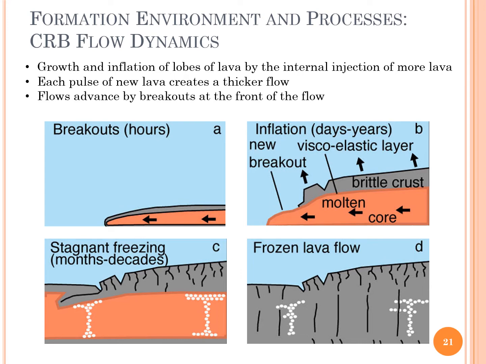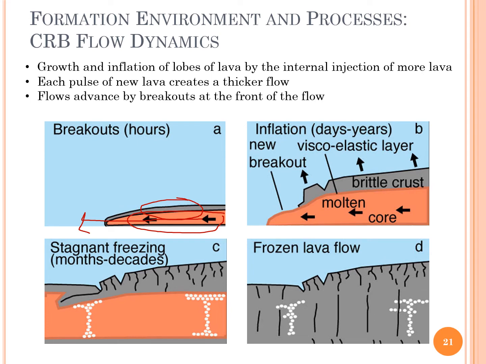They'll have a harder top, signified by this darker color, and then the active flowing element will be down in the lower portion of the flow as it moves, in this case, from right to left across the surface. Then in the upper right here, in number B in our picture, the inflation or the growth of the flow will begin to occur.